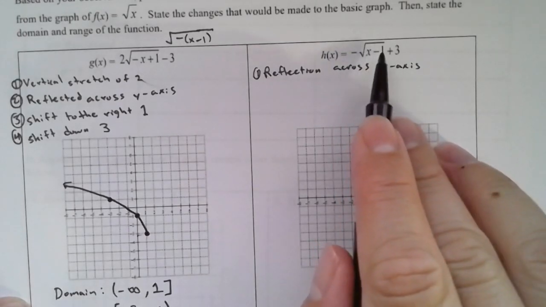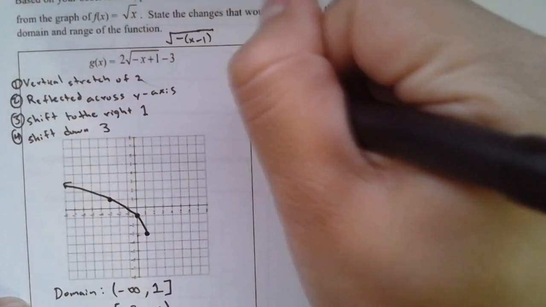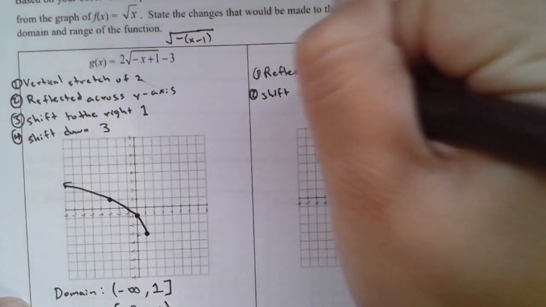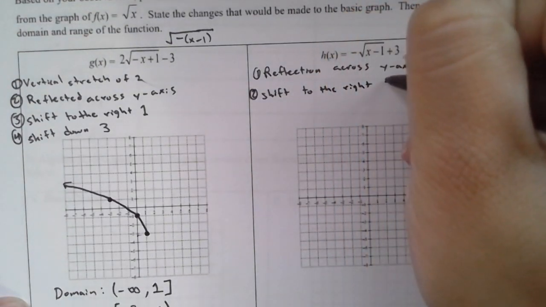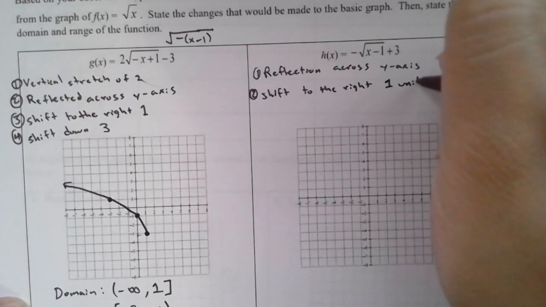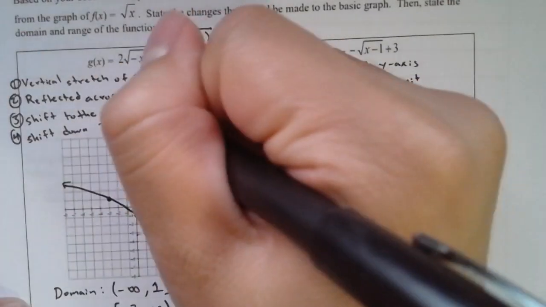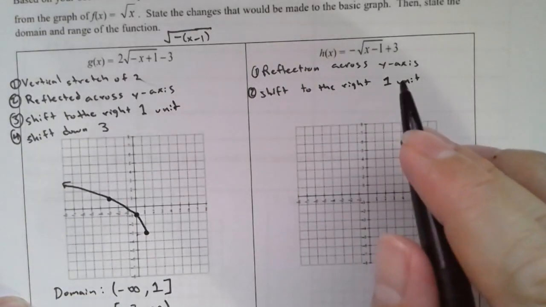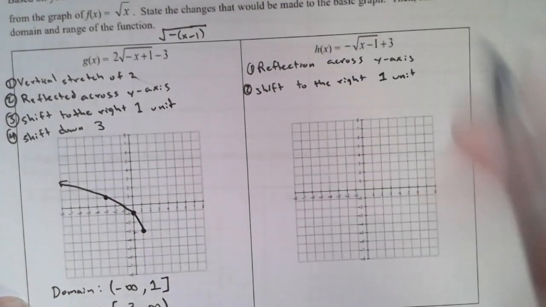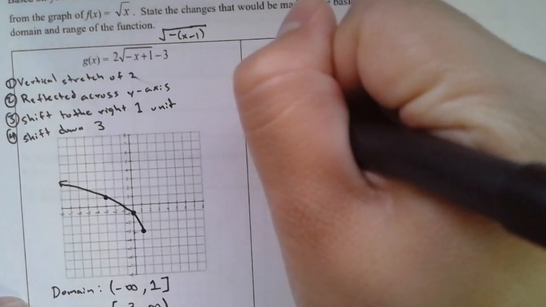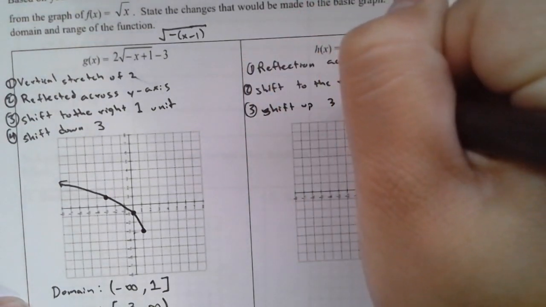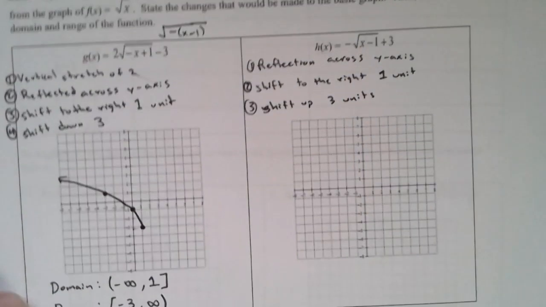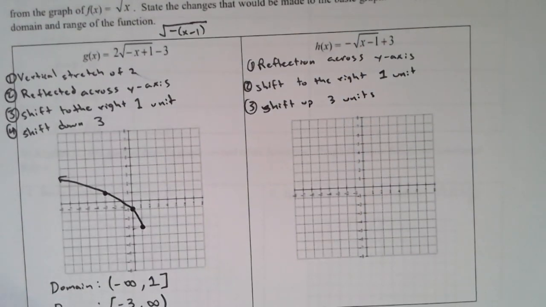So I plugged in a positive 1, so I know I have a shift to the right 1 unit. Whoops, I forgot unit in this one here. Shift to the right 1 unit, and then the plus 3 will tell me shift up 3 units. So already we should be able to visualize what this looks like.